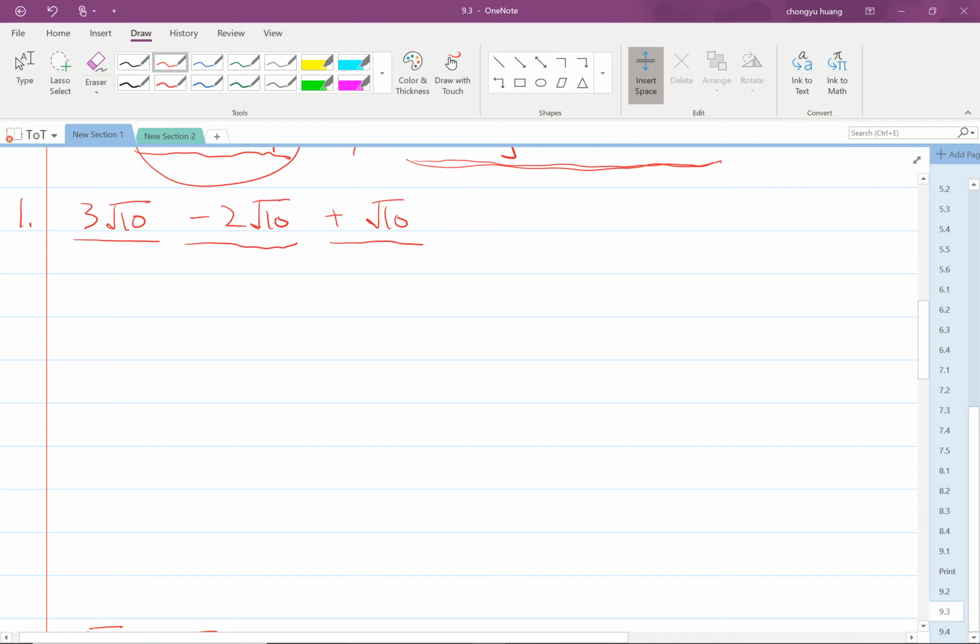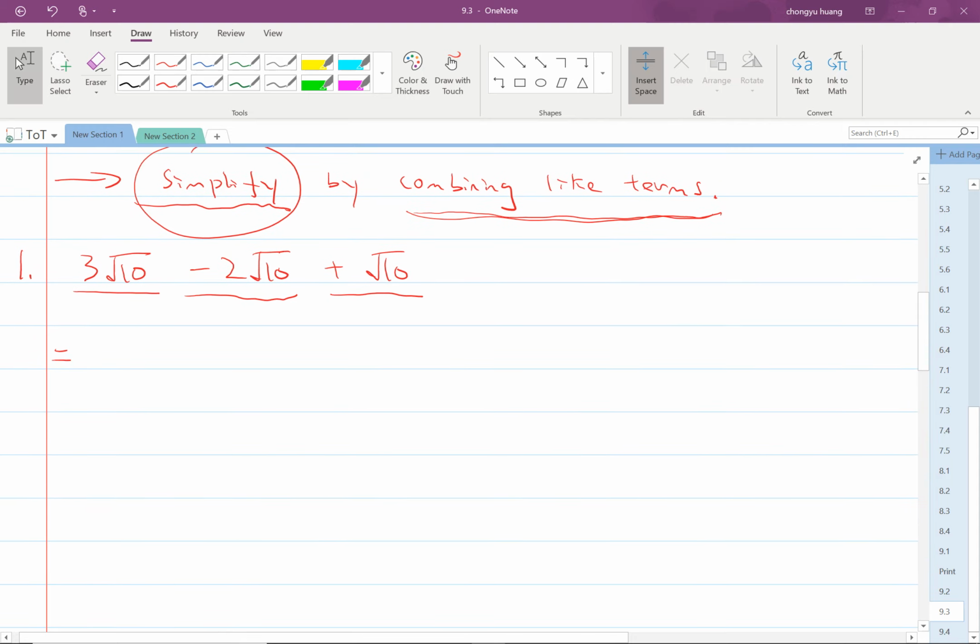So how do you combine those terms? You see we have the same square root, the square root of 10, right? So all you have to do is add the coefficients: 3 minus 2, and then plus 1, of square root of 10. That's all you have to do.